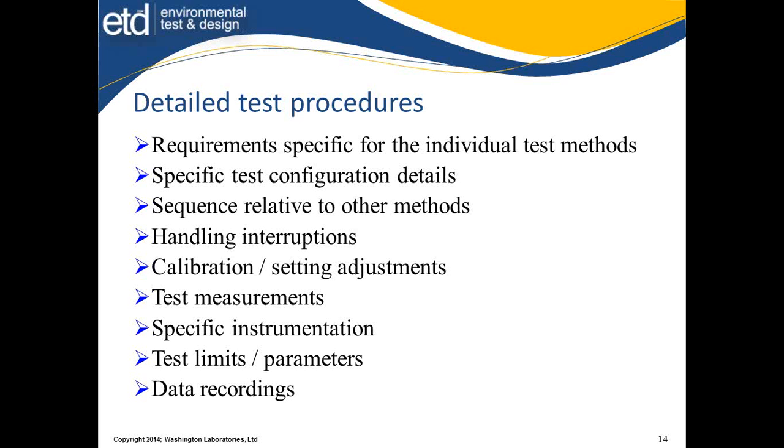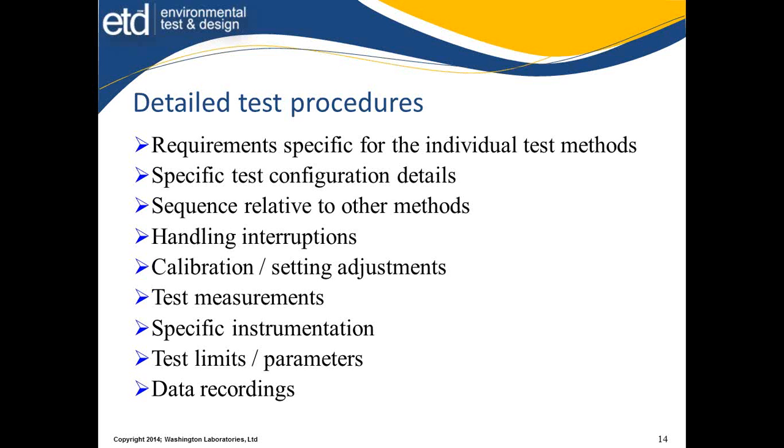How are you going to handle an interruption during the test? Well, there's a lot of guidance in 810 on dealing with interruptions, and they deal with everything from the test item failure to your test chamber not performing, or you over-tested or under-tested, and it gives you some guidance in a lot of cases. You need to restate this and be very specific on how you're handling those things.